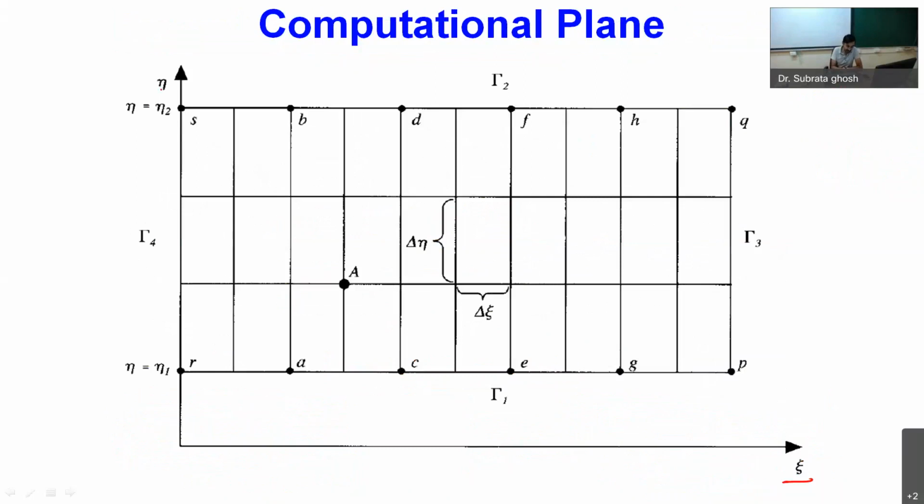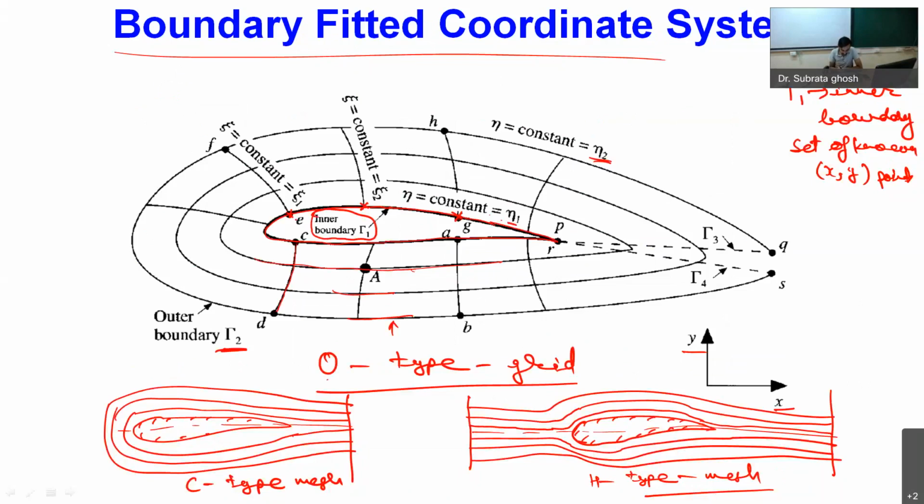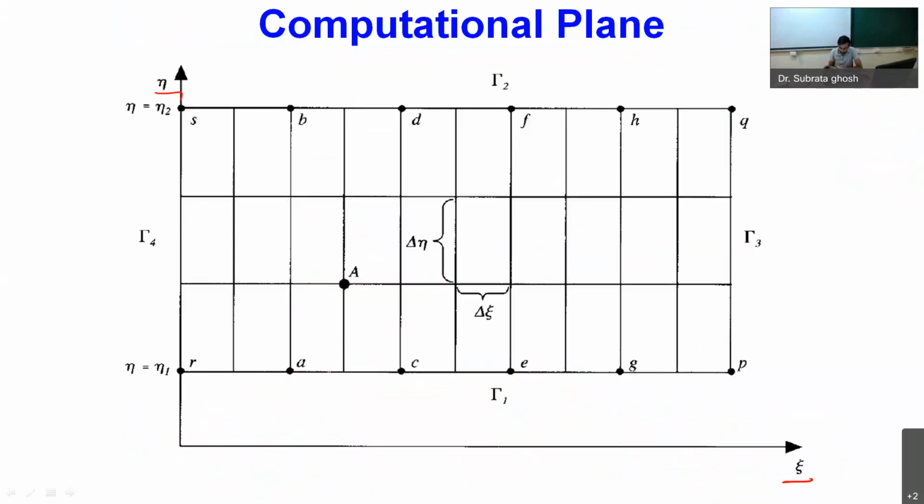This is my zeta, this is my eta, and I now have a uniform structured arrangement. You can see over here the points E, C, A, R, P, G, which were lying on the inner boundary, are now lying over here. Because of this, I can say that this is nothing but my gamma 1, the inner boundary.